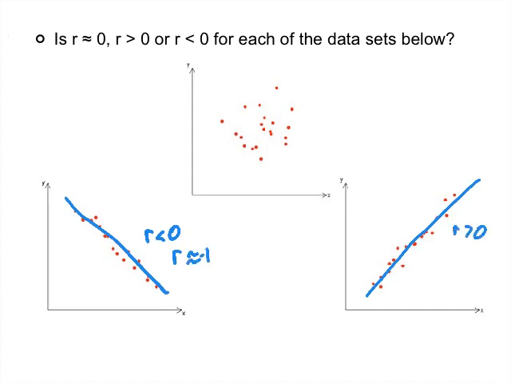Here you'd have R greater than 0, and you'd expect R to be more or less +1. Here, all these kinds of lines might be equally as bad. Really, there's very little linear relationship in this one on top.